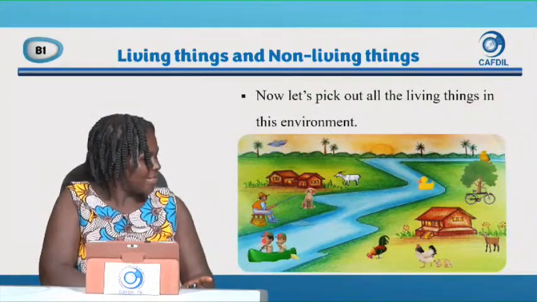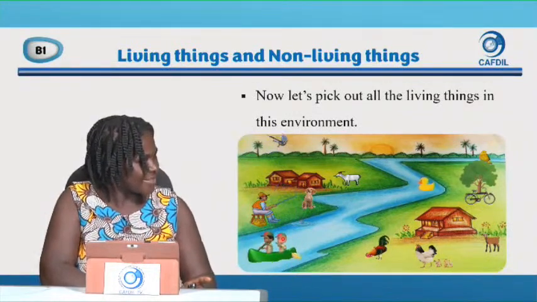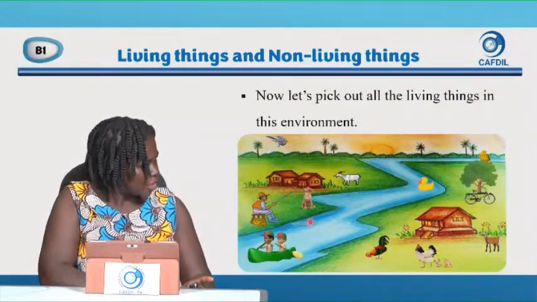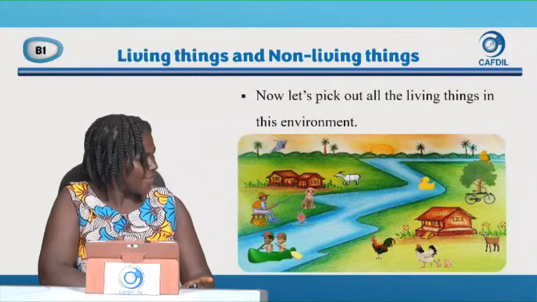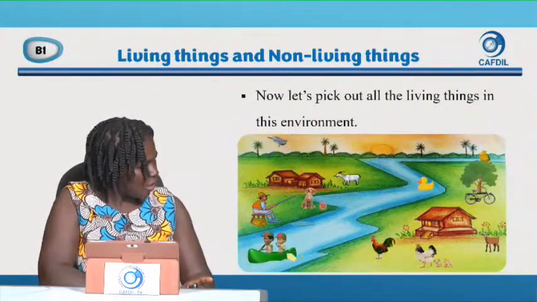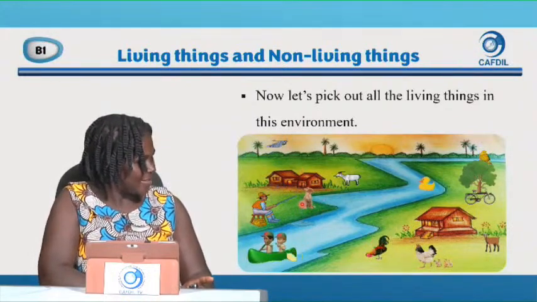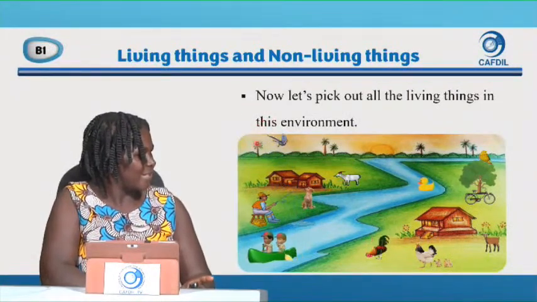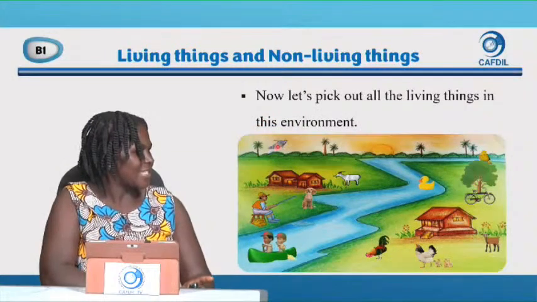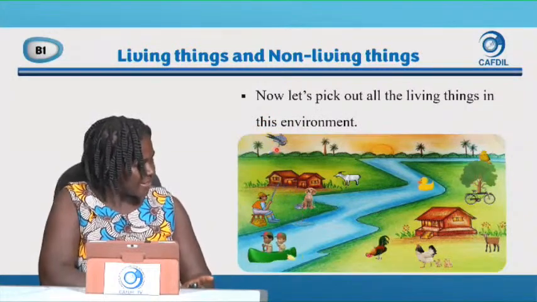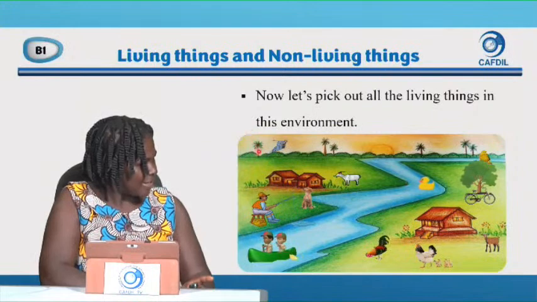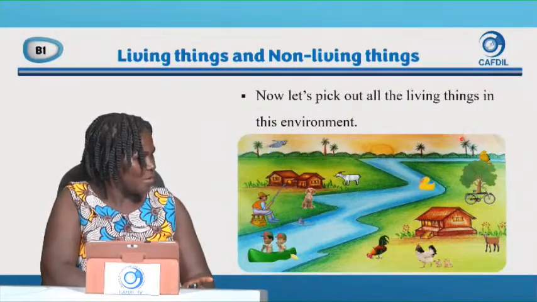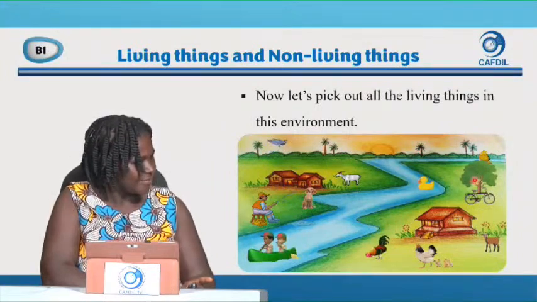We have 2 boys. They are living things. We have a man. The fish is also a living thing. The dog is a living thing. Cow is also a living thing. The bird flying is a living thing. The trees are living things.